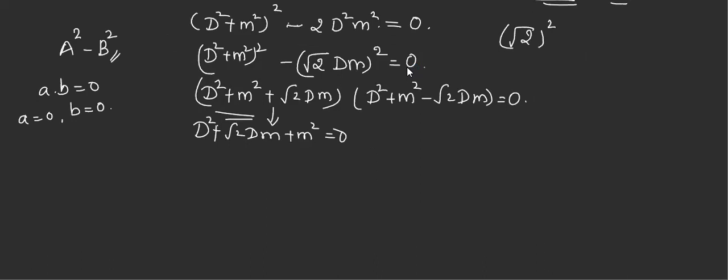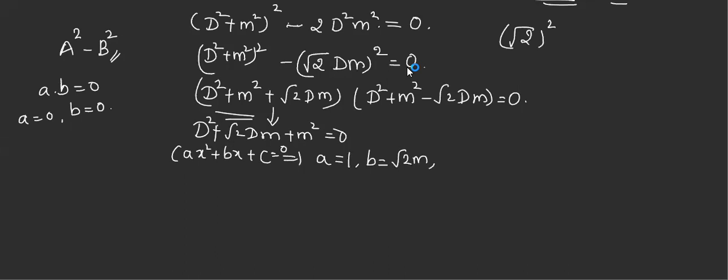Now you compare it with a x square plus b x plus c. What is my a? 1. What is my b? Root 2 m. Very good. Not d.